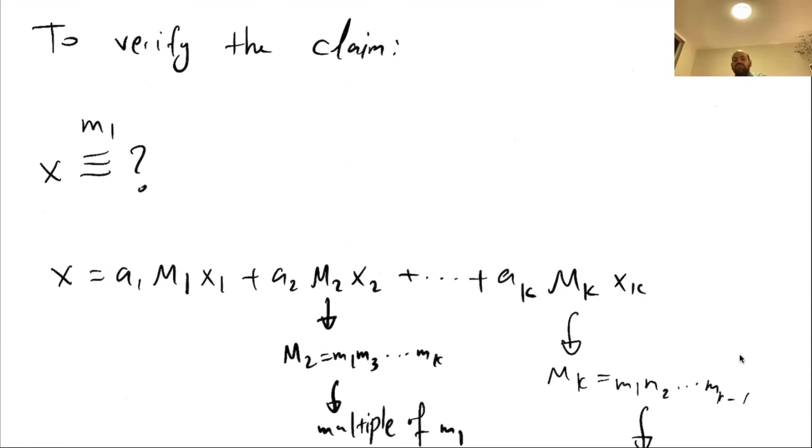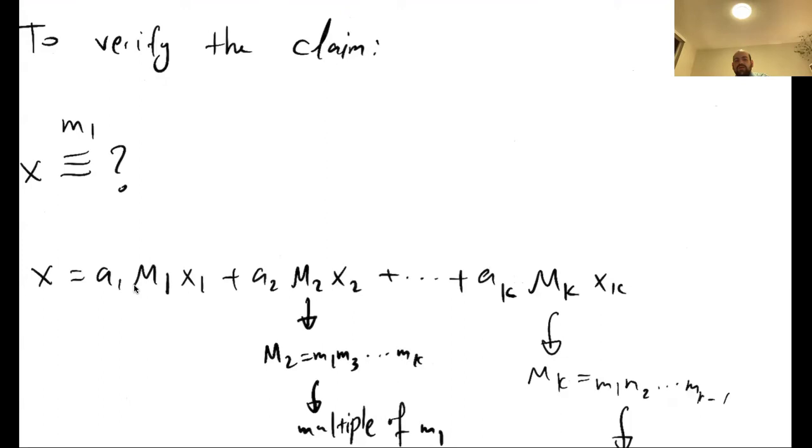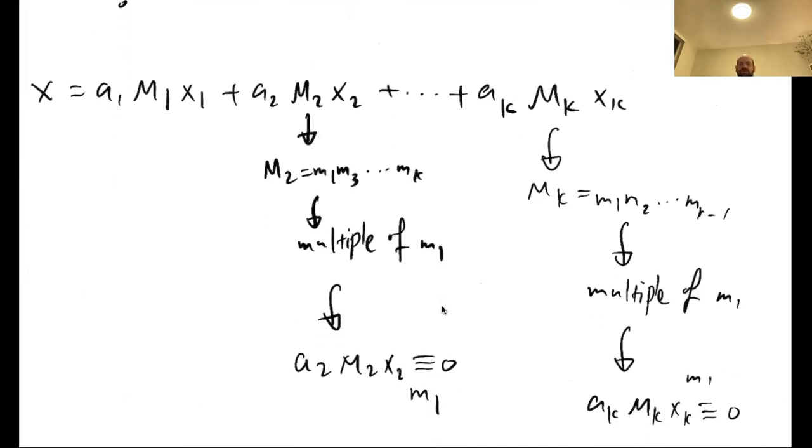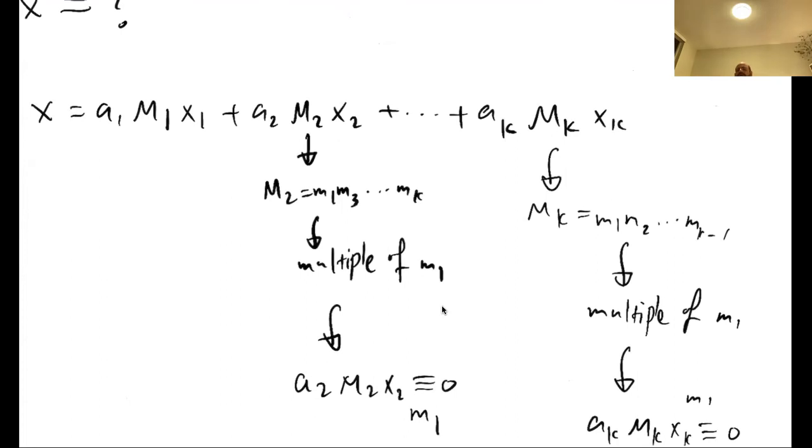For M2, of course, this term will survive, and the first term, third term, fourth term, all the way to the K-th term will be all 0 because these are multiples of M2. But the second term will survive, and M2 X2 again is 1 mod M2. Therefore, the second term will be A2 times 1, which is A2, and so on.